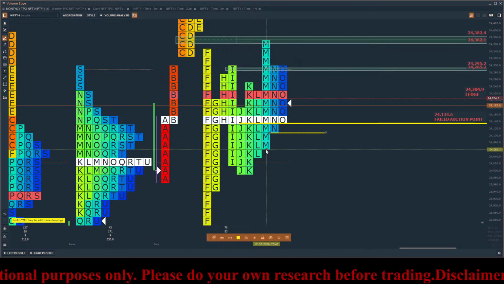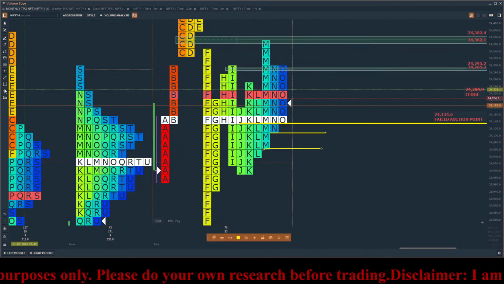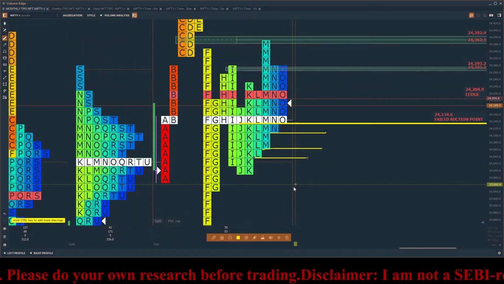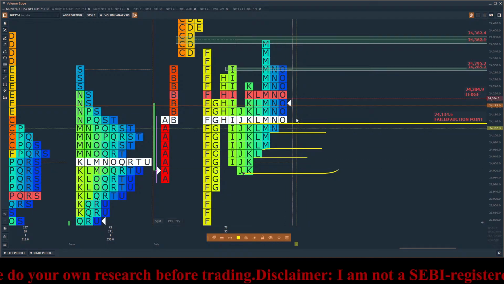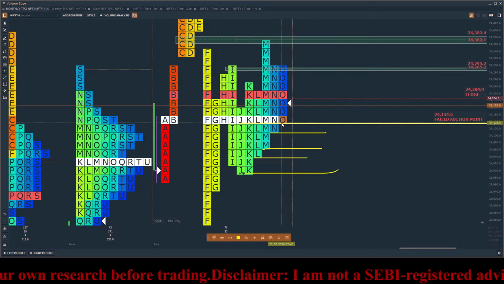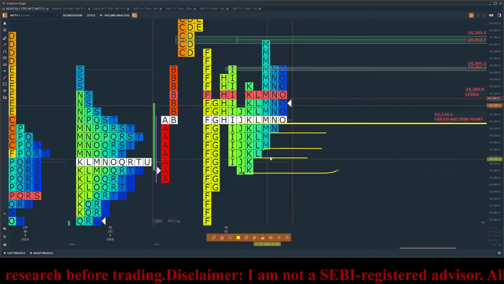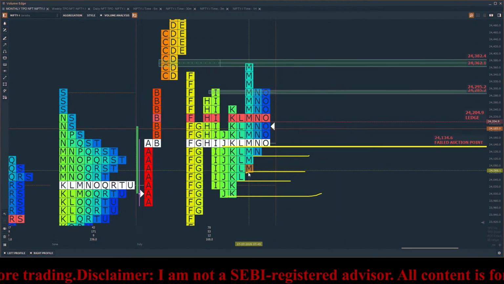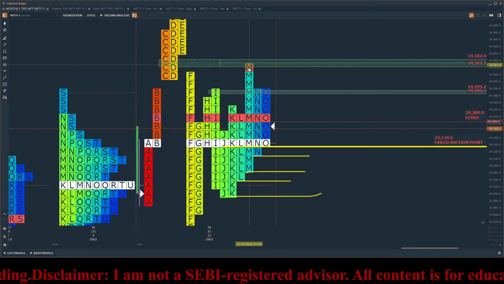See this one, and this one, and this also. See, I told you this is one time frame happening. It's not crossing below, and it's not crossing above also.